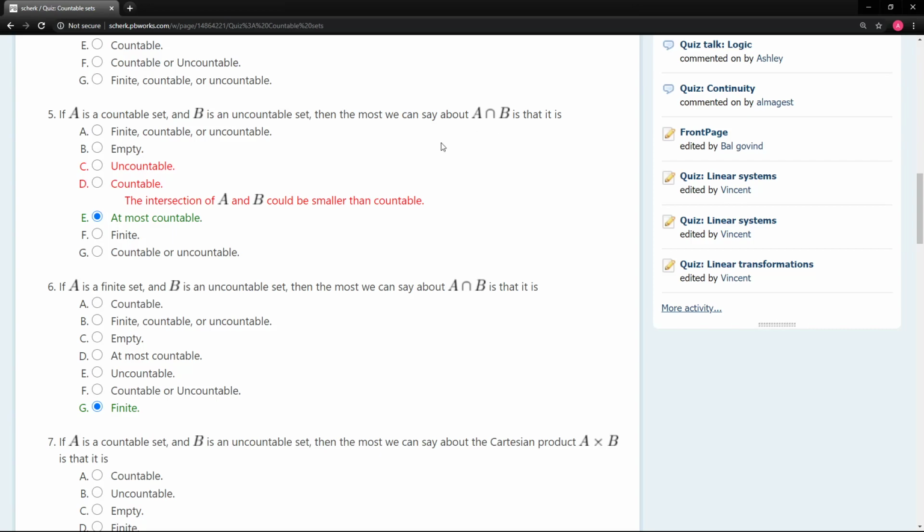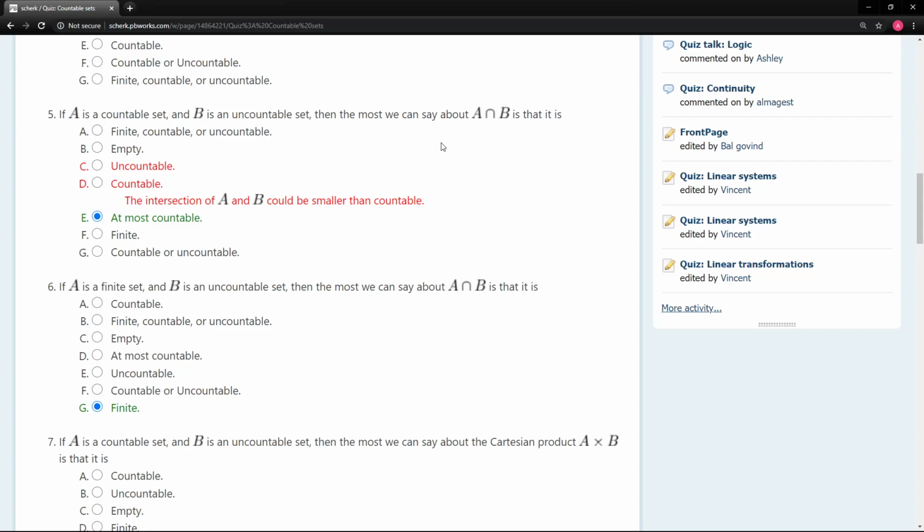Like the example I said before, if you were intersecting N with the range [0, 1], if 0 and 1 were included, the answer would have been the set {0, 1}, which is finite. It wouldn't have been that big thing which is countable, it's simply finite.